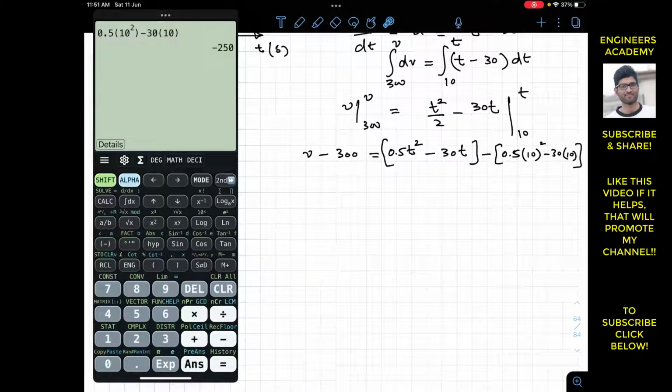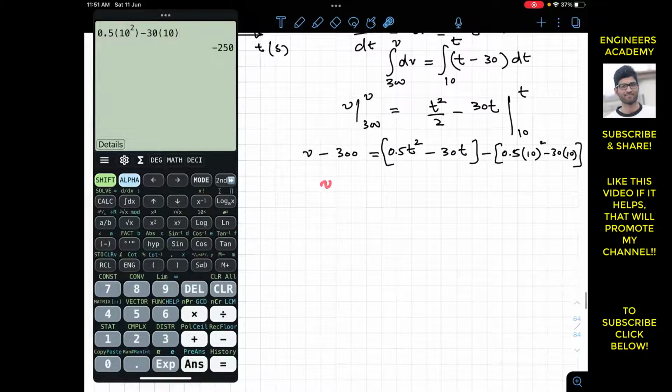This gives us minus 250. So this is v minus 300 equals 0.5t² minus 30t minus, this gives us minus, and minus into minus is plus. So this is actually minus into minus 250, so this will give us plus 250.